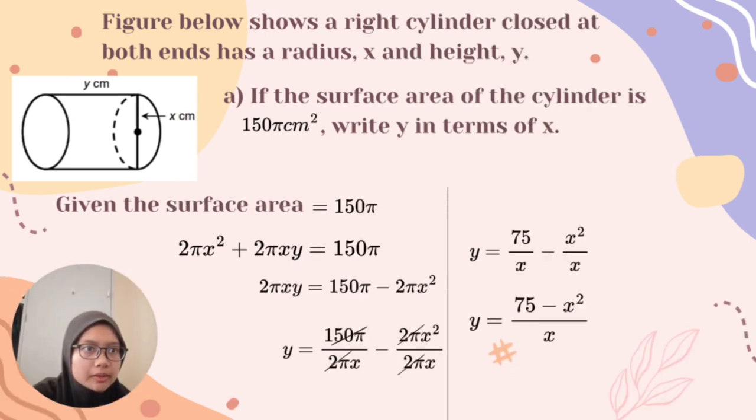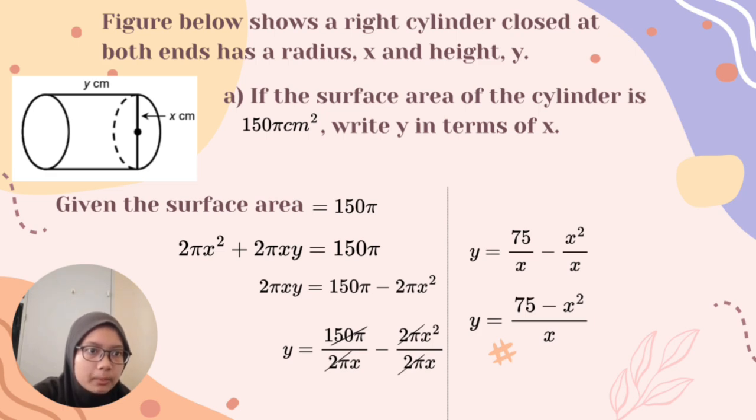The figure below shows a right cylinder closed at both ends with radius x and height y. If the surface area of the cylinder is 150π cm², write y in terms of x. So now we have radius equal to x and height equal to y. Given the surface area equal to 150π, we use the formula for the surface area of a cylinder.